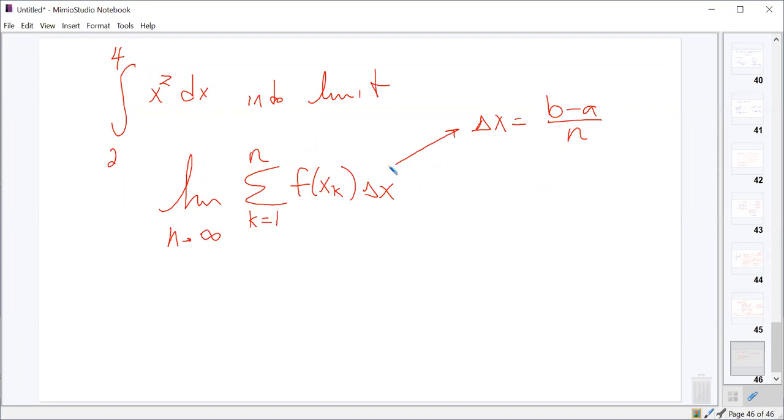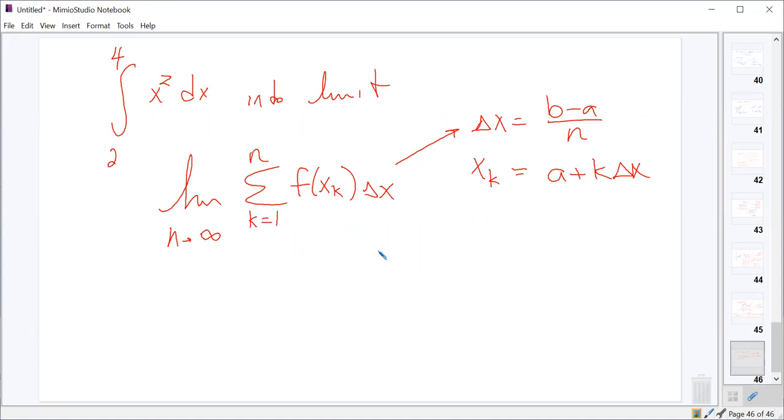And where x sub k is how far you go over in each little rectangle that you're drawing to get the height of your function. And that will always be equal to, 100% of the time, a plus k delta x. Okay, always, 100% of the time.